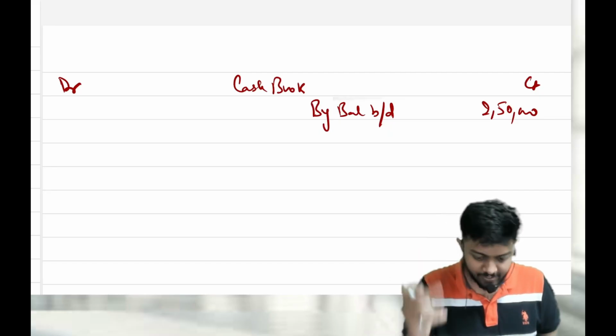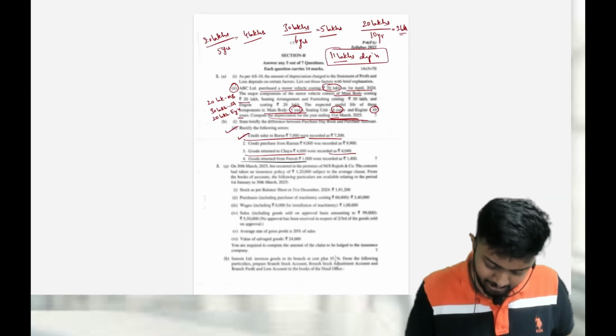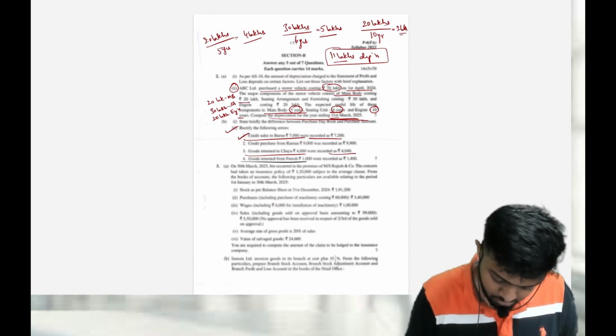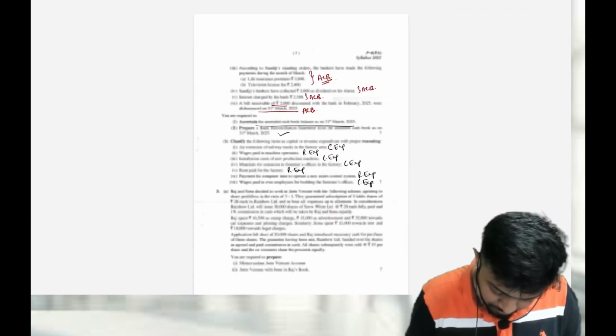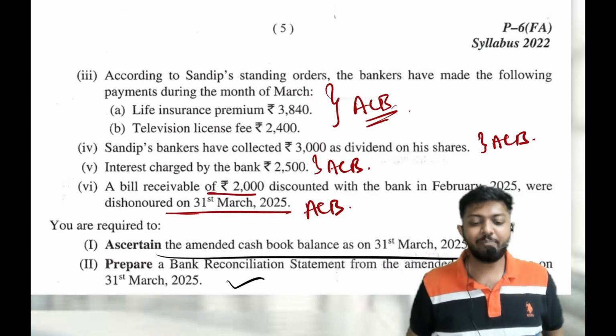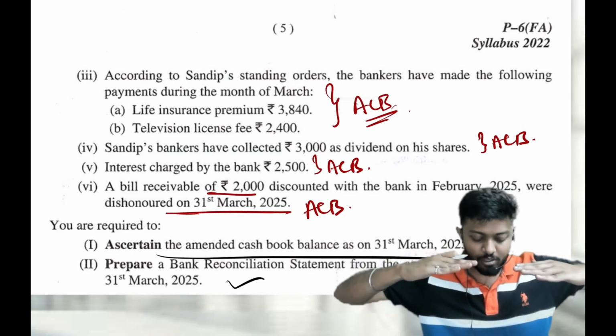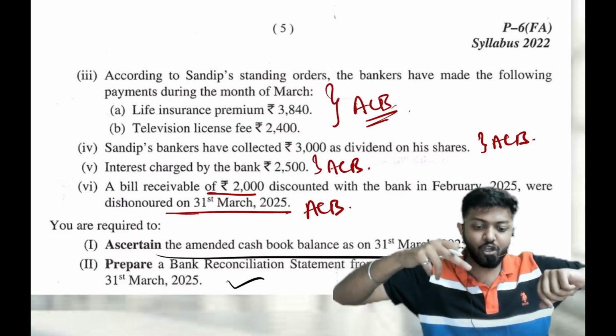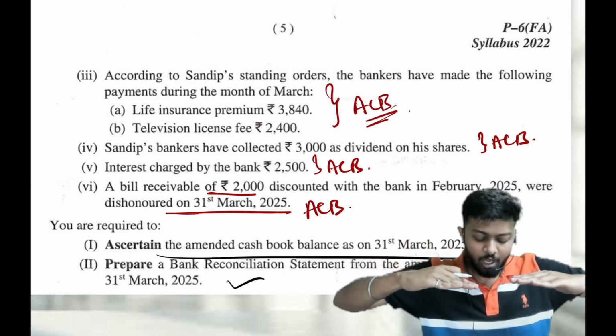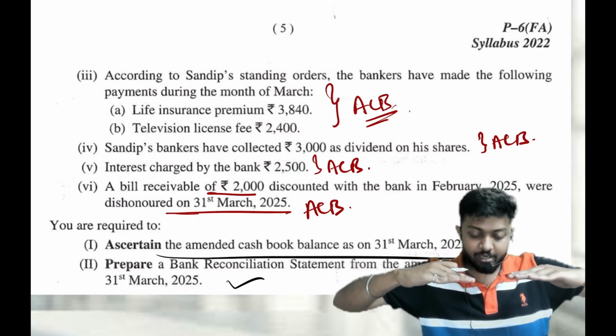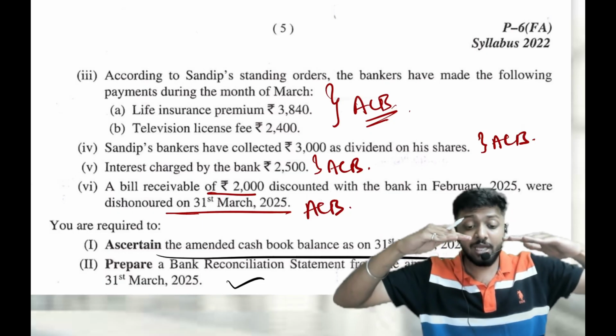Okay. Now focus. Let's adjust all the cash book adjustments now. So this one. What would have happened? Standing orders. Hold your hands. This is the cash book and this is the passbook. My left hand is my cash book. For you, your left hand should be the cash book. Now money has directly been debited from the passbook, so money will be less in the passbook.